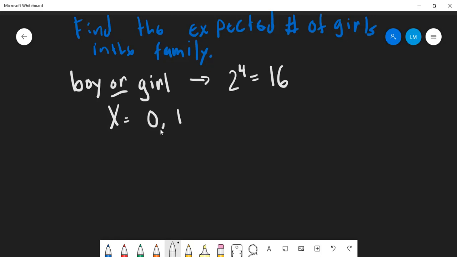Then you have 1 girl, 2 girls, 3 girls, and then 4 girls. We can compute the probability of each of these by finding the number of ways we can select no girls, 1 girl, 2 girls, 3 girls, and 4 girls. If I said boys by accident, I apologize.